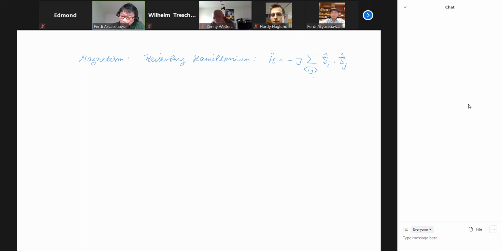This symbol means that we only have nearest neighbor interaction.